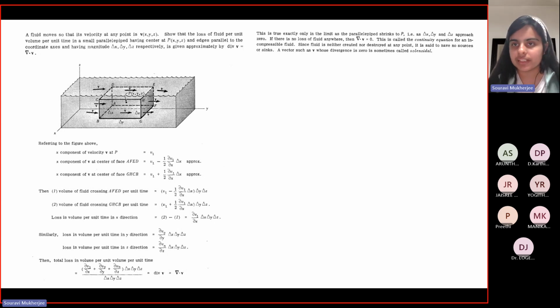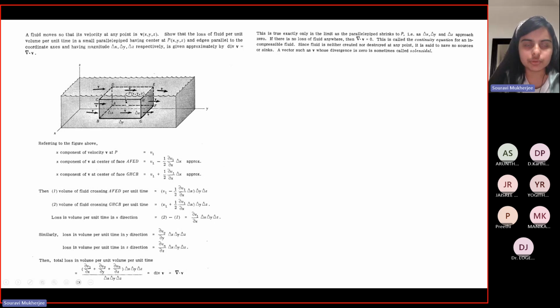So when you talk about electric field lines, magnetic field lines, the same underlying concepts of what divergence means will always be valid there as well, right? Here, this is just an example to understand what divergence will physically be related to. If you have some fluid moving with some velocity, and you take some point P inside this fluid and consider a volume element around it such that the sides are dx, dy, and dz, right?